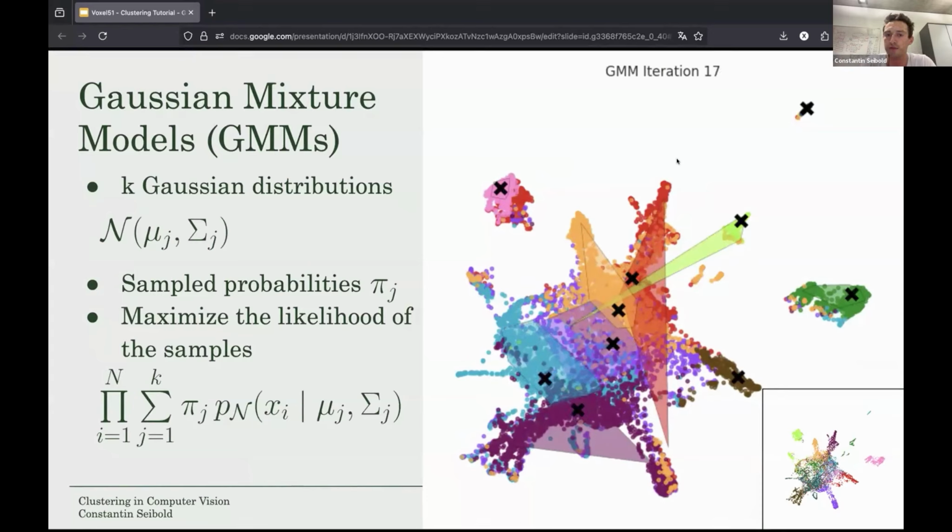And this is also visualized on the same DINOv2 embeddings, which now have a bit more dynamic shape of the individual clusters, which might have some positives and some negatives, but in the end, it's a bit more fluid when compared to k-means.